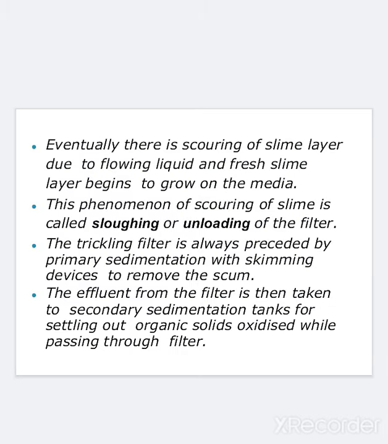Eventually, the slime layer is shed due to flowing liquid, and a fresh slime layer begins to grow on the media. This phenomenon is known as sloughing or unloading. A trickling filter is always preceded by primary sedimentation with skimming devices to remove the scum. The effluent from the filter is then taken to the secondary sedimentation tank for settling out organic solids oxidized while passing through the filter.